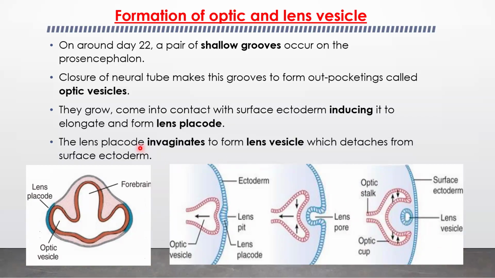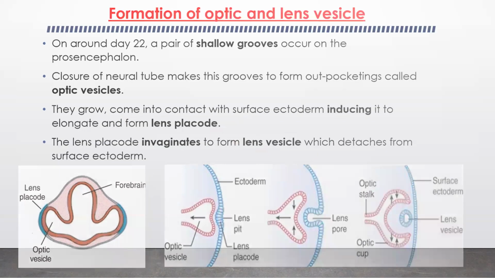But before then, the lens placode invaginates to form first the lens pit, then the lens spool, and after that it detaches from the surface ectoderm to become the lens vesicle. So that's the formation of the optic vesicle and the lens vesicle. I hope that summarizes everything.